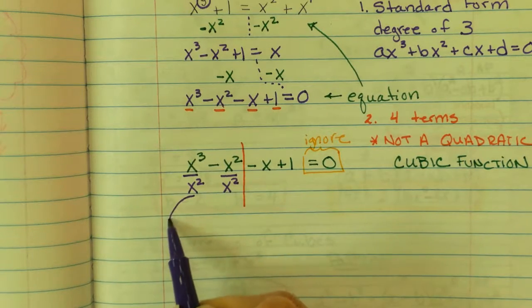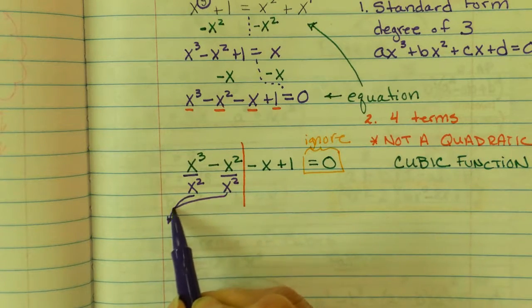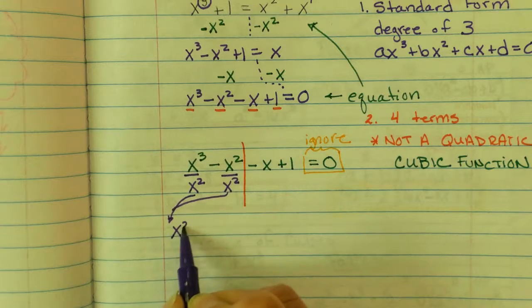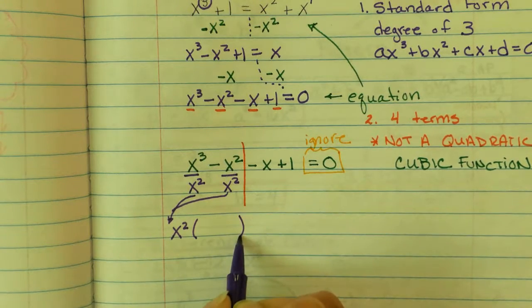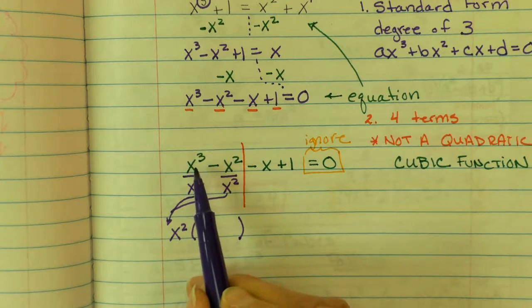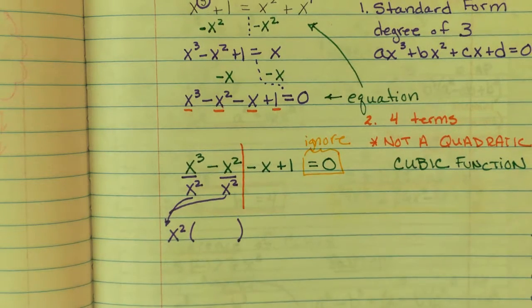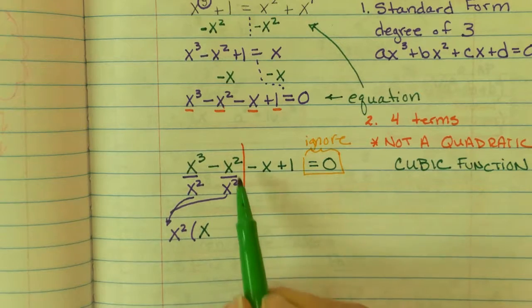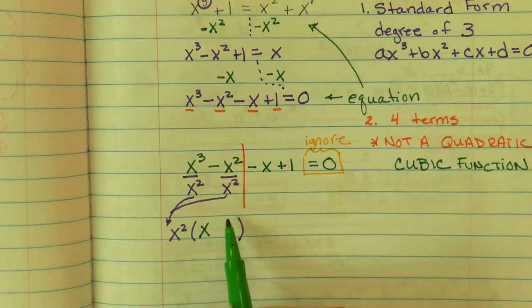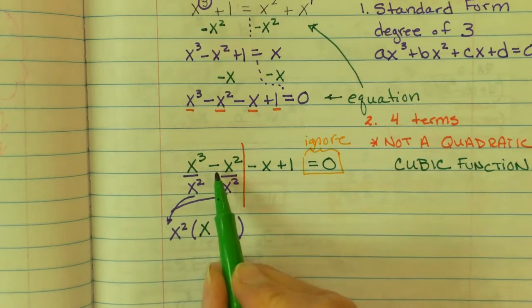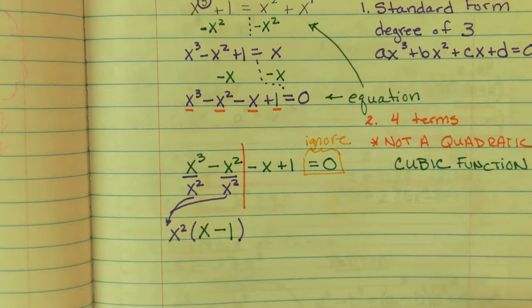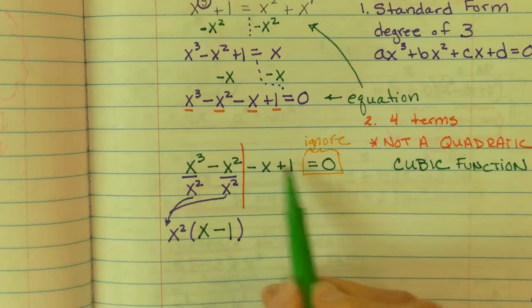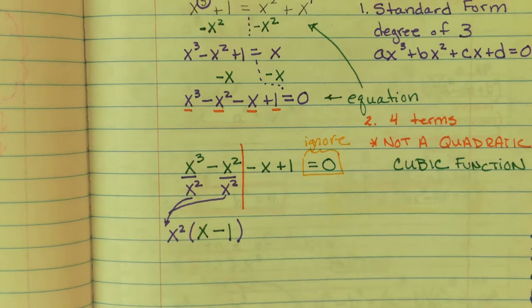I'm going to pull that x squared out. I'm undistributing it. I'm going to write it in the front of parentheses. Then I'm going to divide x cubed by x squared, and I get x. And then I'm going to divide x squared by x squared, and I get 1, because that's a minus, it's a negative 1. Now I'm going to look here, and I'm going to ask myself, what's a greatest common factor that I can factor out of here?